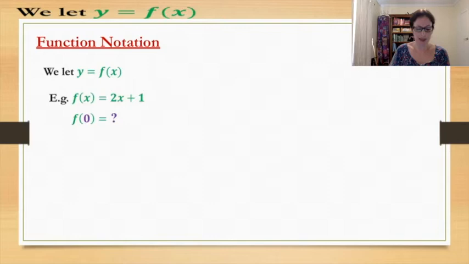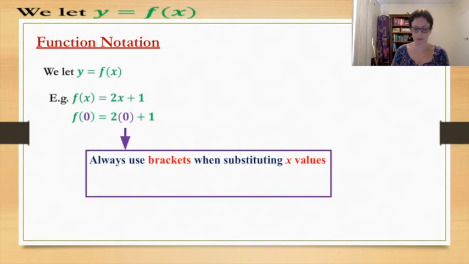So here, where we have the f bracket, and we did have an x, and now we have substituted x for a 0. That's telling us that where you see x, you're going to substitute in 0 into the function to see what you get. So we would have 2 bracket 0 close bracket plus 1. Now, point here, always use brackets when substituting x values.